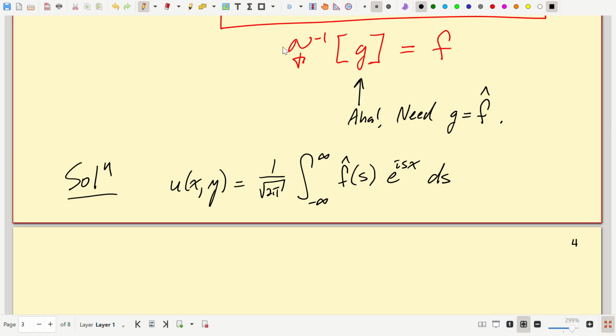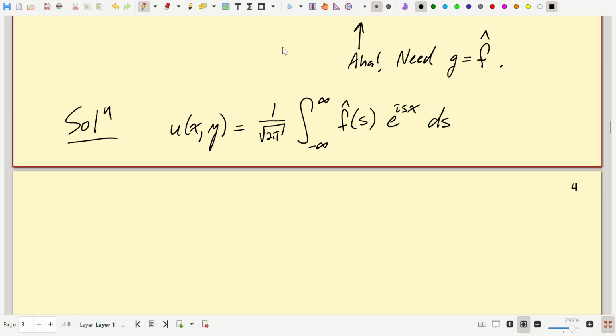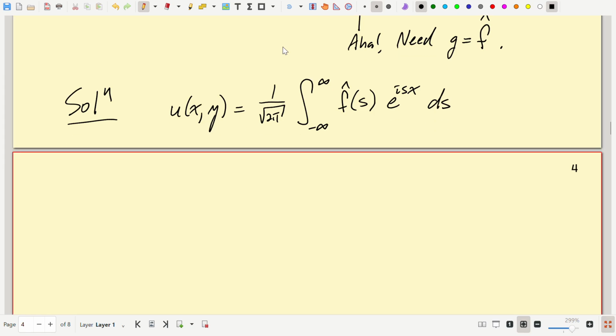And this is going to allow me to get the Poisson kernel for the upper half plane, because I'm just going to write it out as an integral and look at it. At least that's what Stein did. And so we're going to get the Poisson kernel for the upper half plane.